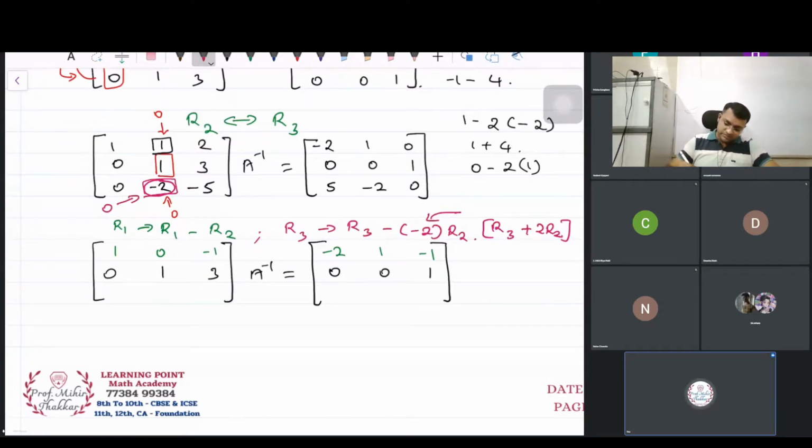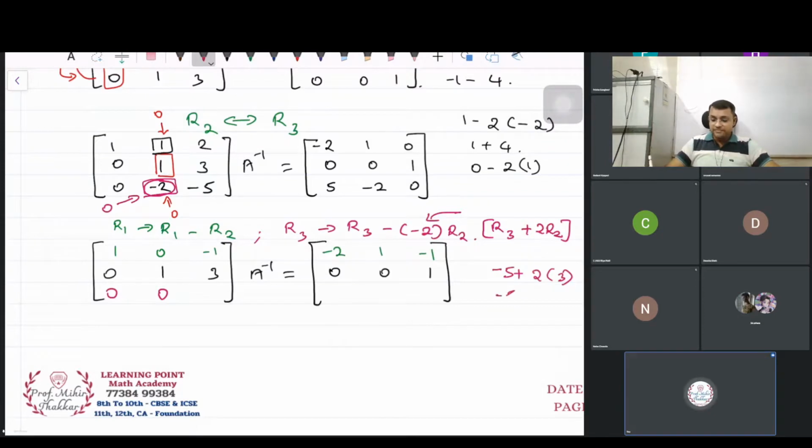Okay. So let us do it. This is going to be 0 only. And this is definitely becoming 0, for which we are doing this step. So we don't have to worry about the first two elements. The last element you have to write and see what the answer comes over here. So be careful. I have minus 5 plus 2 times 3, because R2 element is 3.